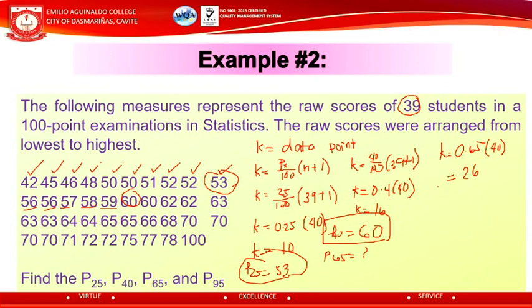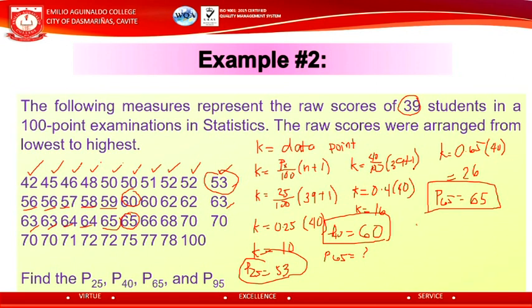So it is located at the 26th data point. So P sub 65 is now equal to, this is 20. We have 21, 22, 23, 24, 25, so 26. So that is equal to 65. So it's the same, 65th percentile is just equal to 65 also. So this will be our answer for this problem.